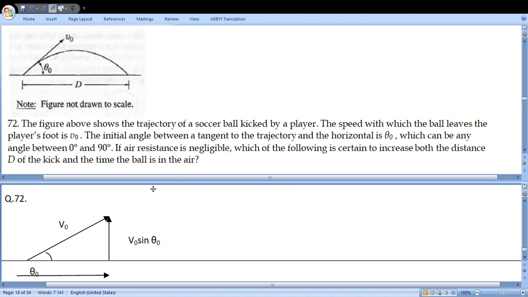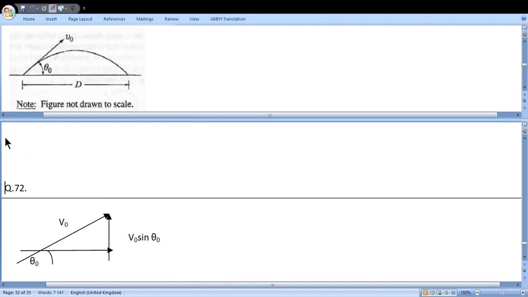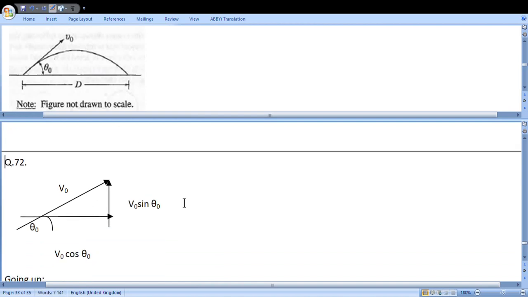So let's look at the diagrams. So here we see that actually we should move it a bit down and look this way.